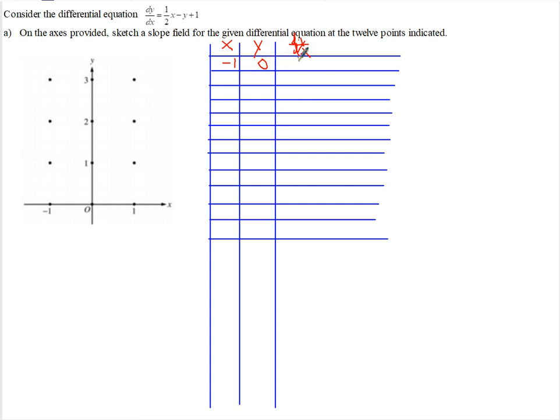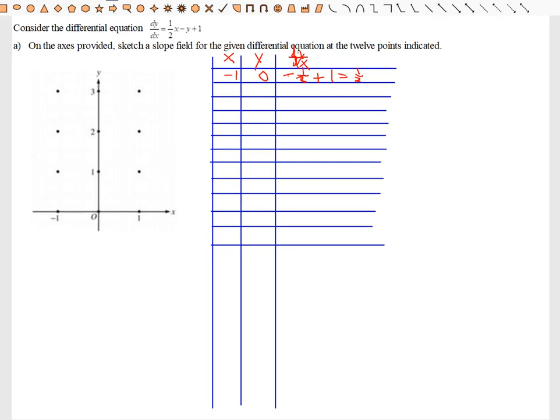If x is negative 1, that'll give us a negative 1 half. And then y is 0, so that wipes out that term, so plus 1 gives you 1 half. So right here, you'd have a slope of 1 half. So picture going up 1, right 2, headed towards this point.